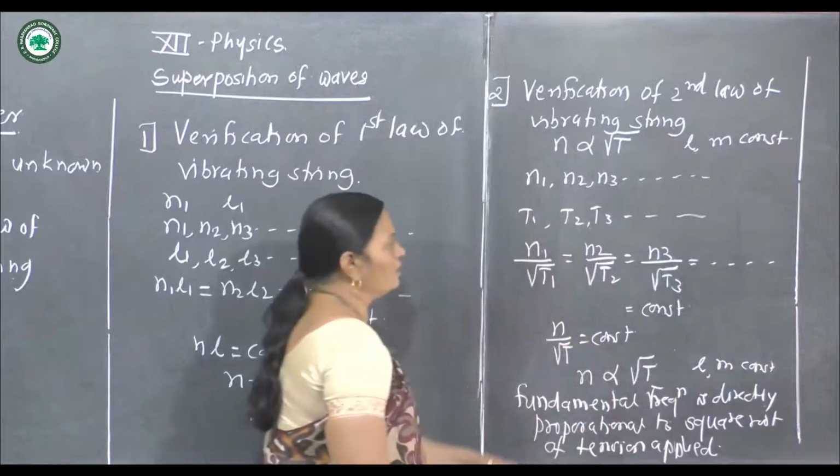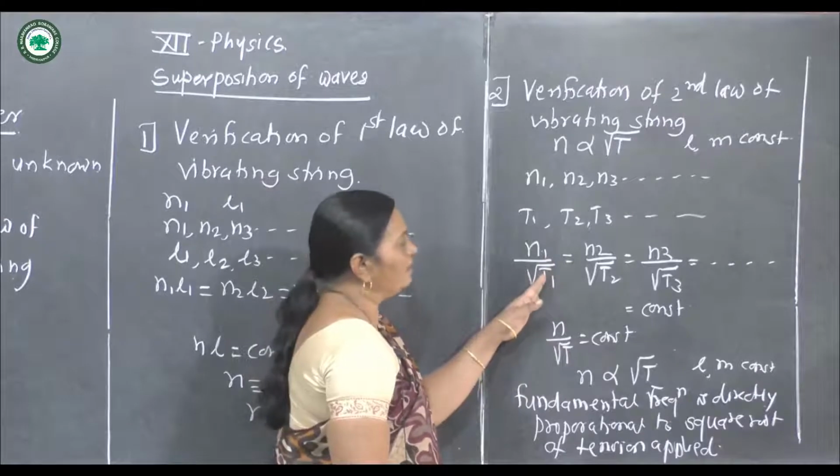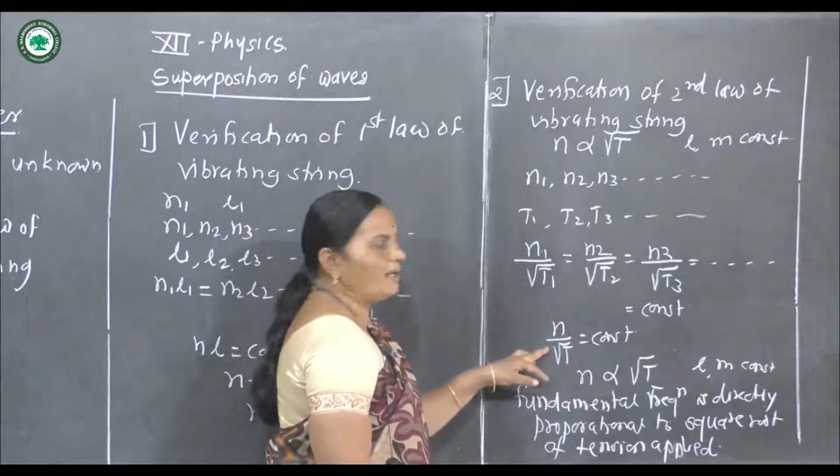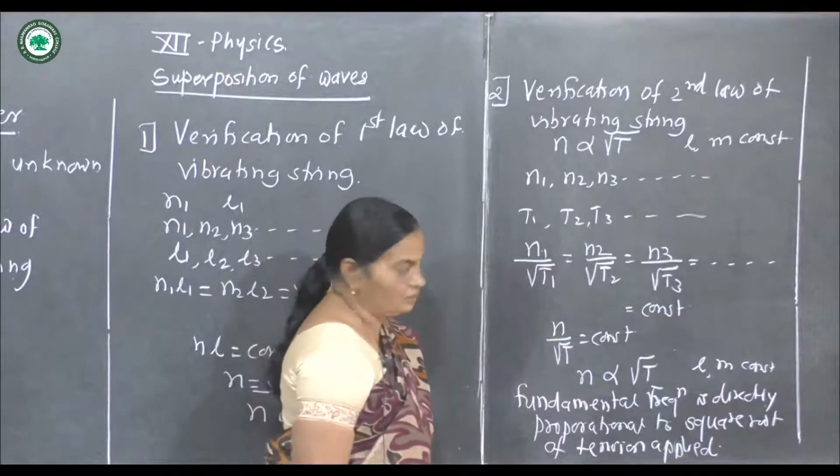The length is kept constant, mass per unit length is constant. We observe that N divided by root T is equal to constant.